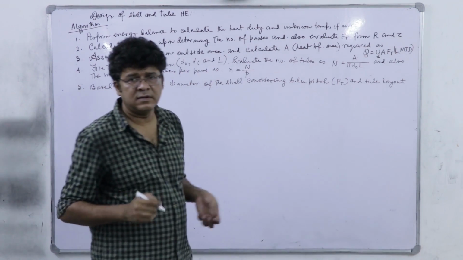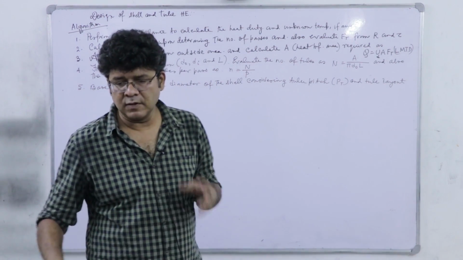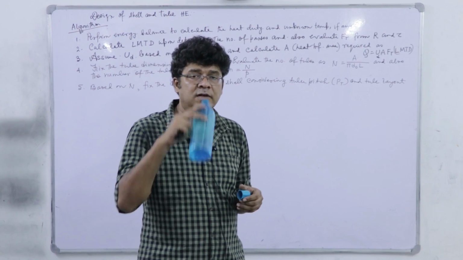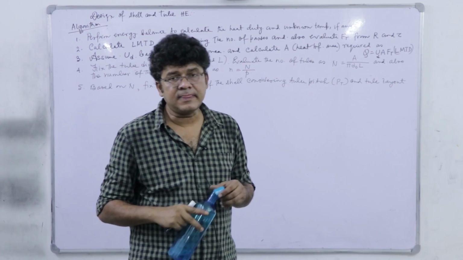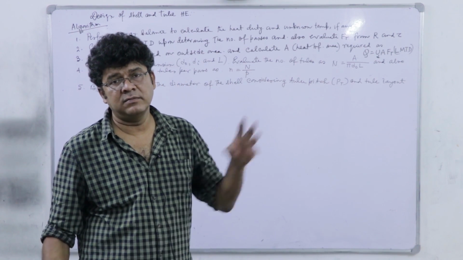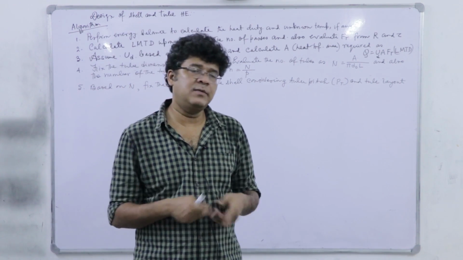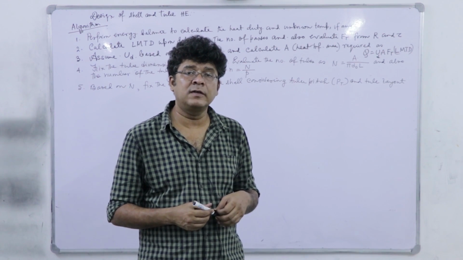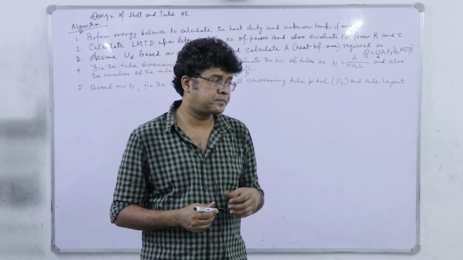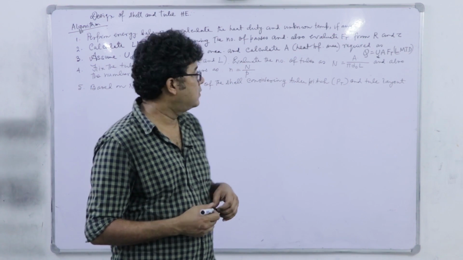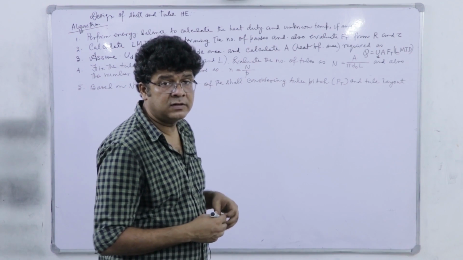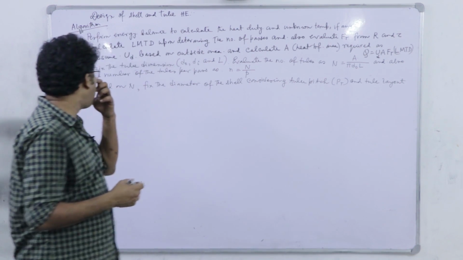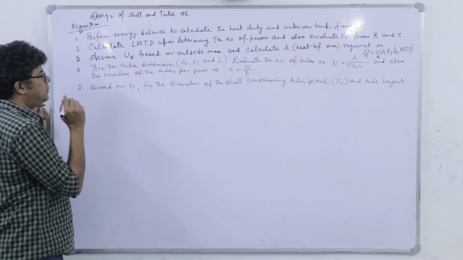There are tables in the book of Kern or also in other standard heat transfer books by which we can calculate or fix the shell diameter based on the number of tubes, the tube pitch you are using, and the tube layout, whether it is a square pitch or a triangular pitch. So, shell diameter and tube pitch have been fixed.